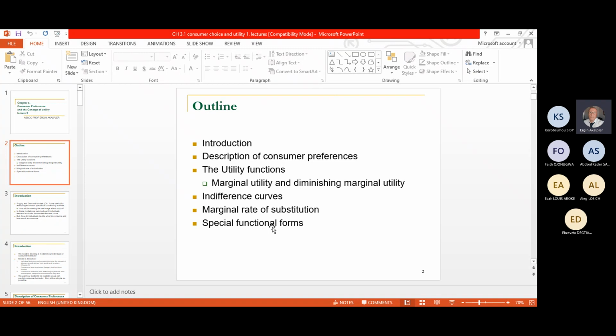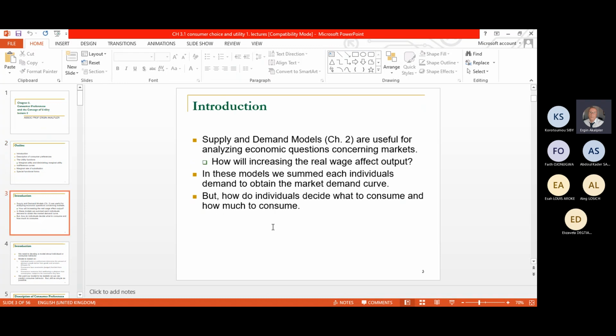We will then concentrate on the diminishing marginal utility, the indifference curve that you probably know from former classes, the marginal rate of substitution, and complement and substitute goods will be given in applications, and then special functions are introduced in forms.